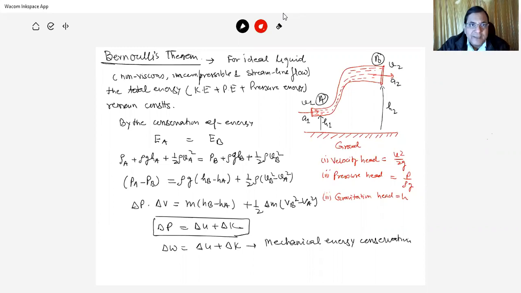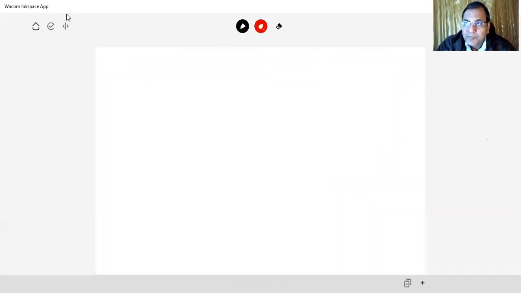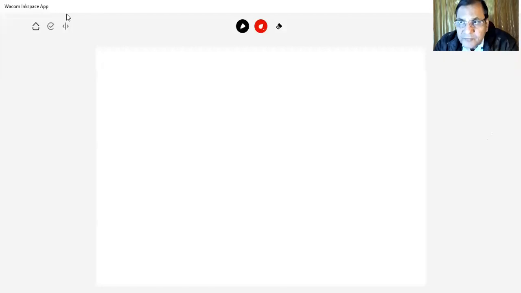And this Bernoulli theorem has a lot of applications in various fields, as well as fluid mechanics and biophysics. Now, one interesting concept is the flow of blood.